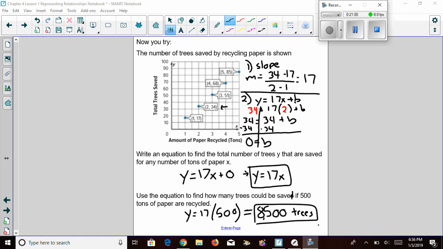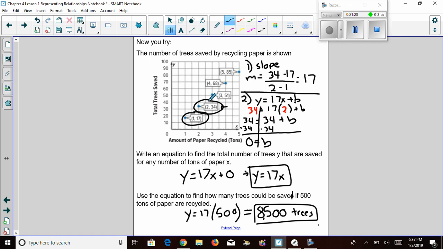So here is a fully worked out solution. Next to the graph, you can see where I worked out the slope using the first 2 points here and here. Then I plugged those in to y equals mx plus b so that I could find what b is equal to.